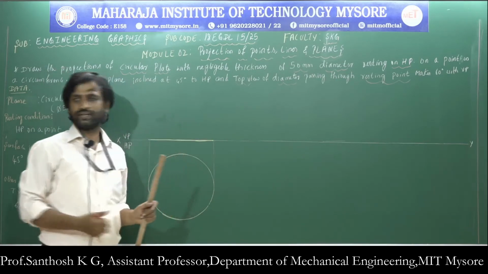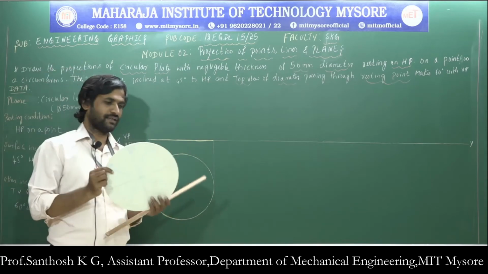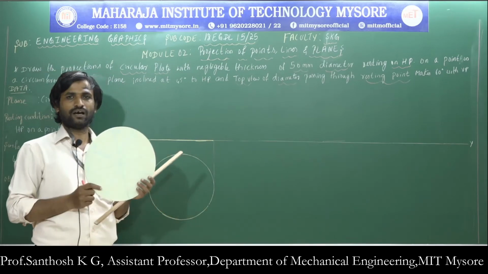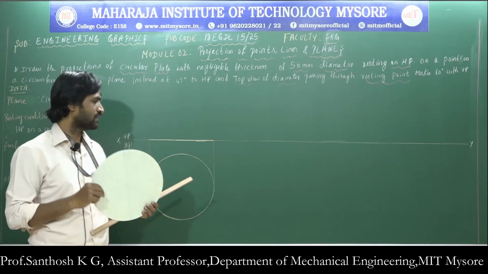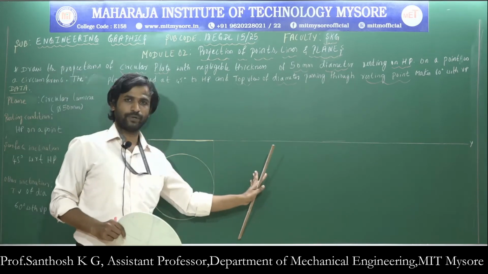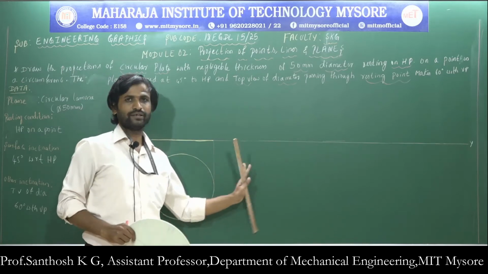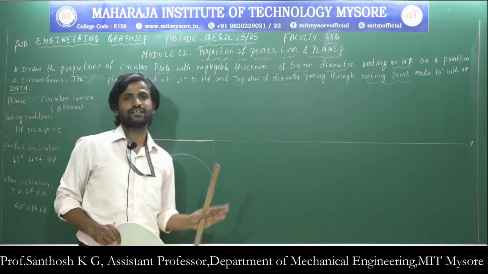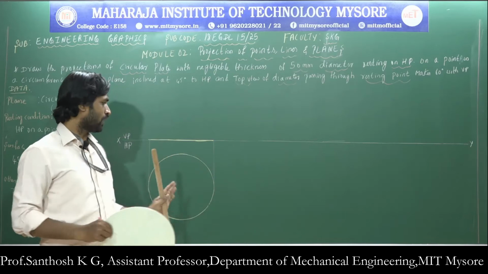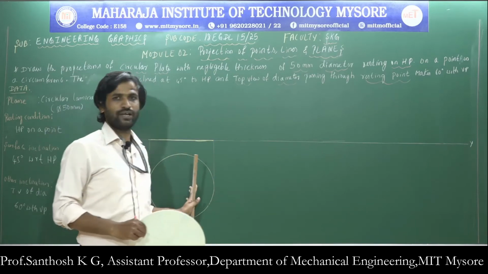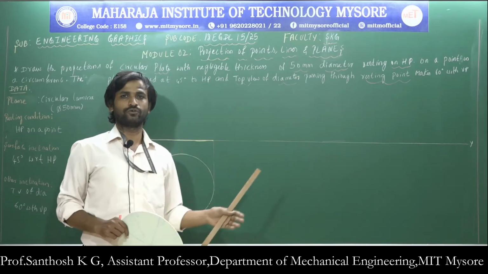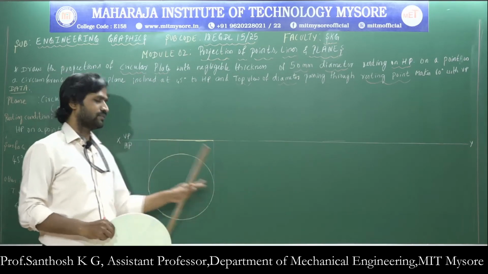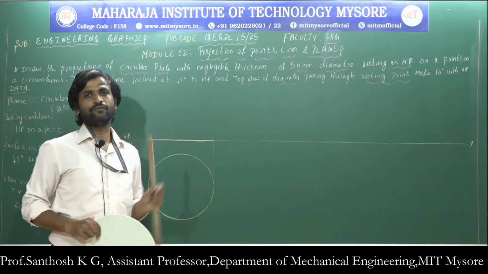But here you can see that if I take a circle, it is not having any corners. So if a given lamina is not having any corners, then it is difficult to reproduce the lamina in the second position as well as in the final position. So in order to reproduce the circular lamina in second and final position, what we are going to do is we are going to divide the circle into some number of parts.